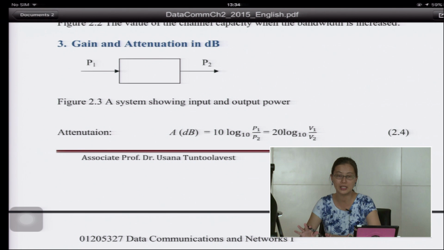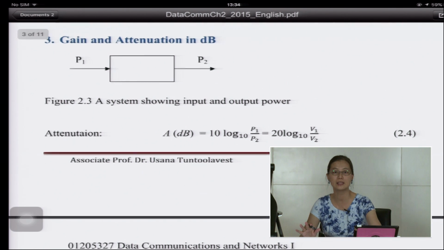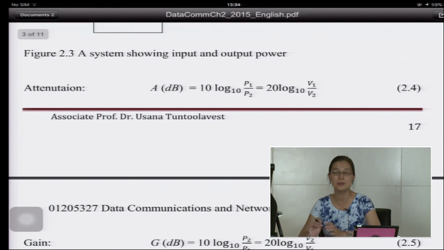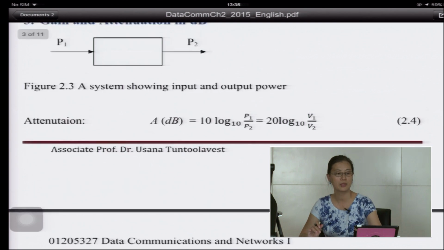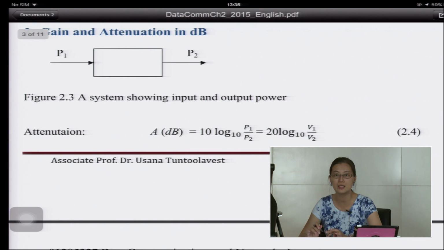The attenuation formula is A in dB equals 10 log base 10 of P1 over P2, because P1 is more than P2. Attenuation is a positive number.